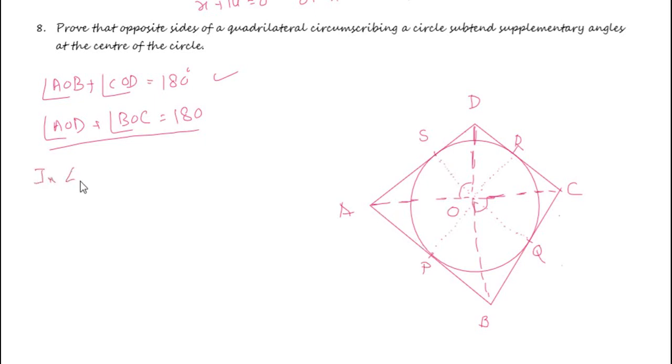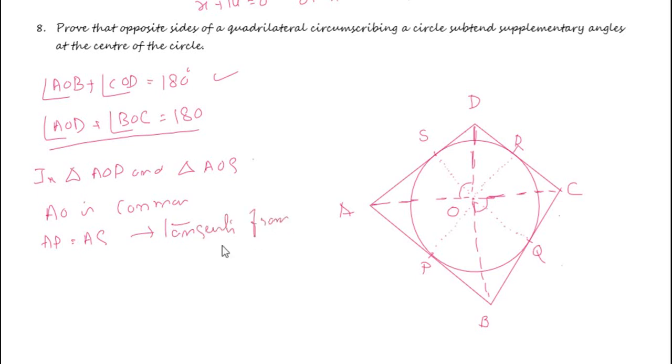In triangle AOP and triangle AOS, AO is common, AP equal to AS because they are the tangents from external point A, and OS equal to OP because they are the radius of the circle.